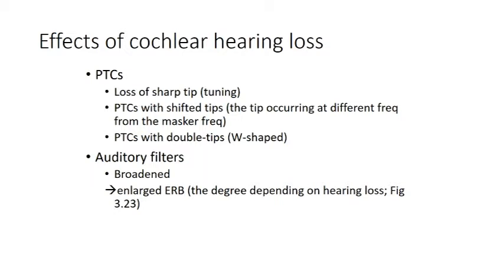In the normal condition, we have a sharp tip. The bottom part is relatively sharp. That sharp tip helps us to focus on certain frequencies. So with cochlear hearing loss, the first thing we see is the sharp tip is gone.